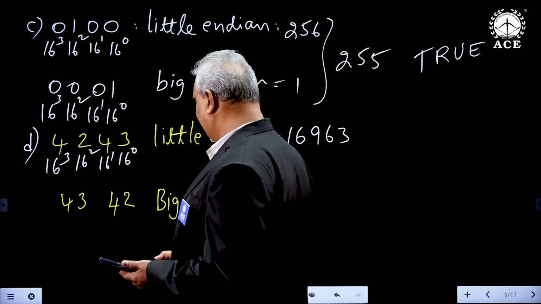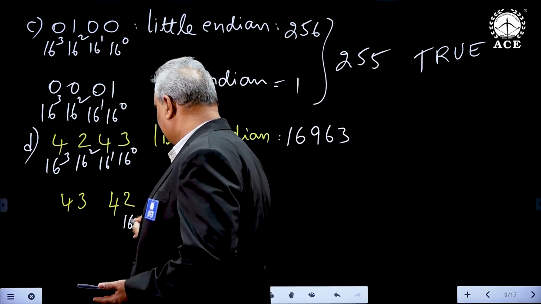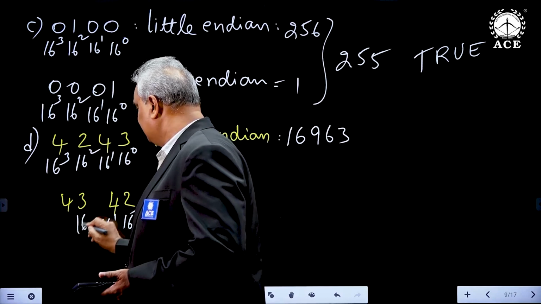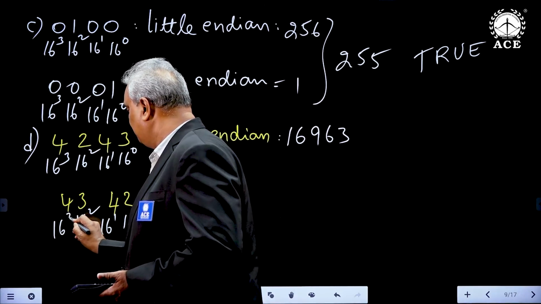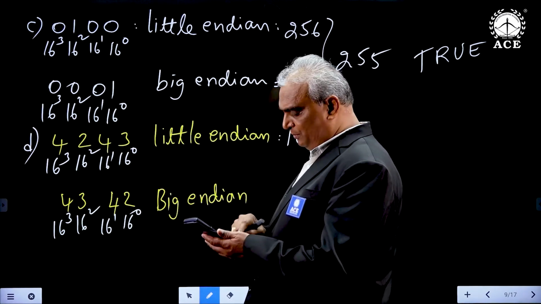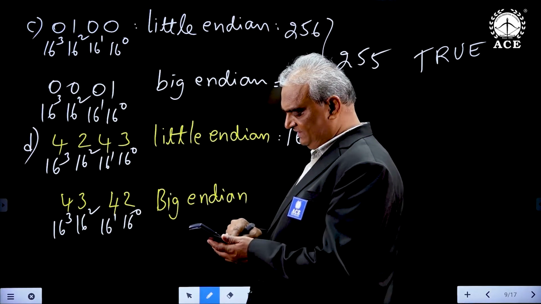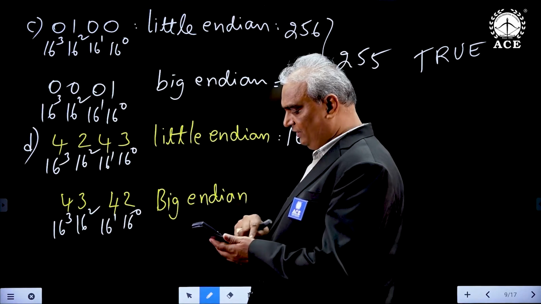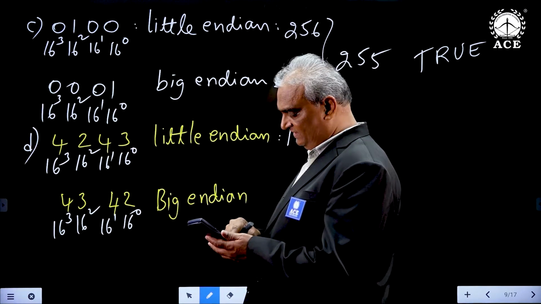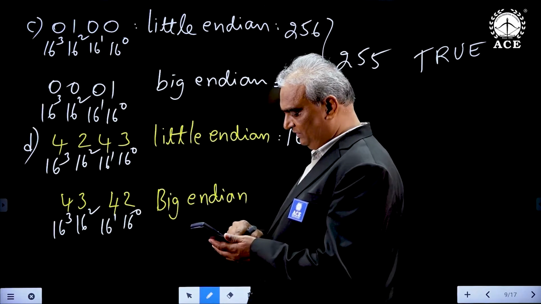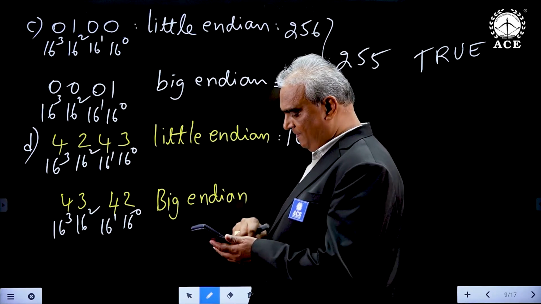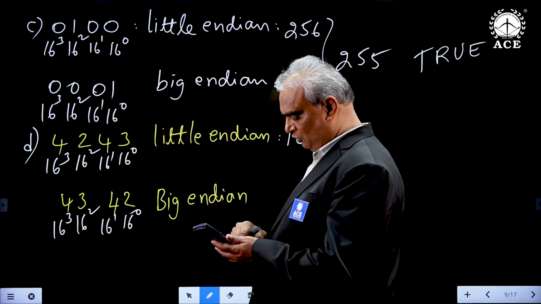What about the big endian value? 16 power 0, 16 power 1, 16 square, 16 cube. Here, 16 cube means 4096 into 4, plus 256 into 3, plus 64 plus 2.